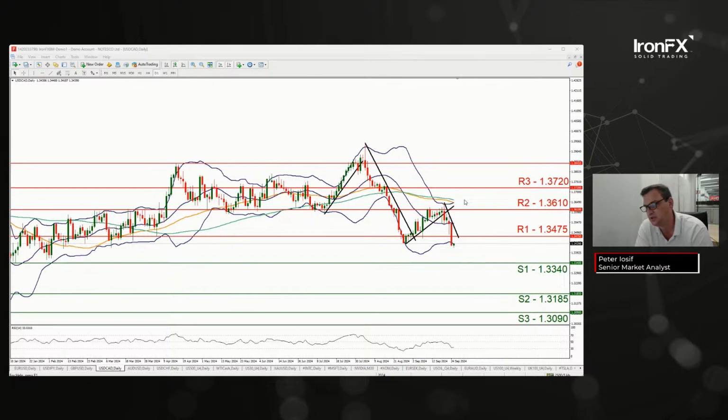Such a movement is for the time being out of the spectrum, and it could take days for the pair to actually reach such levels. So we're sticking to the bearish outlook and expect the pair to reach or breach, if you prefer, even the 1.3340.